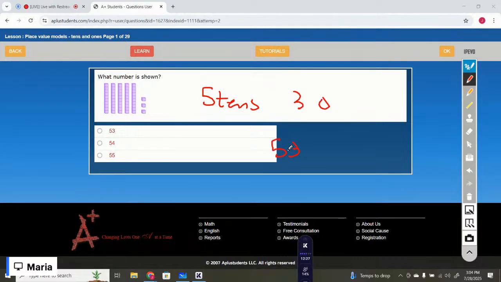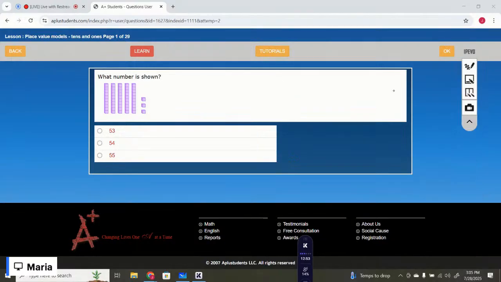So five tens and three ones together they make 53. Option number 1 is the correct option. That is 53.